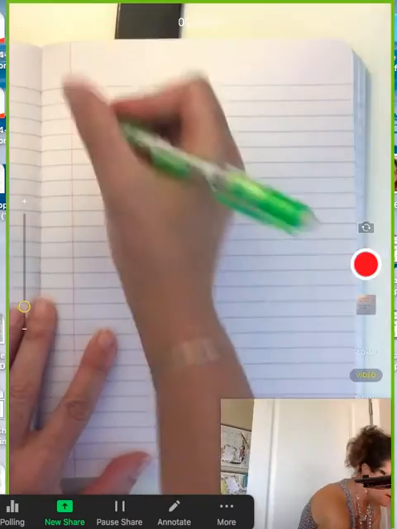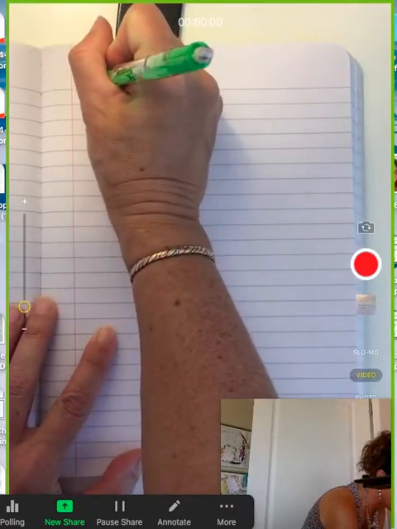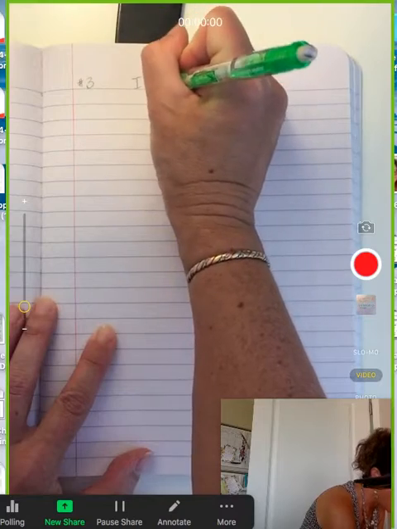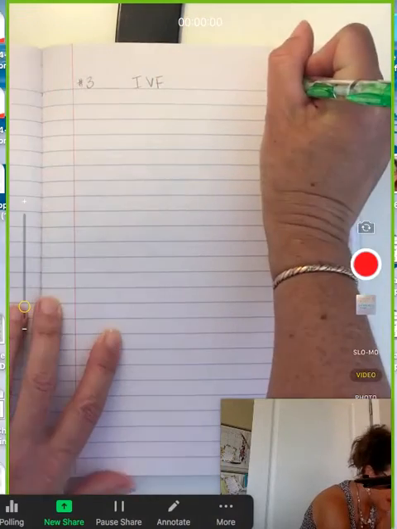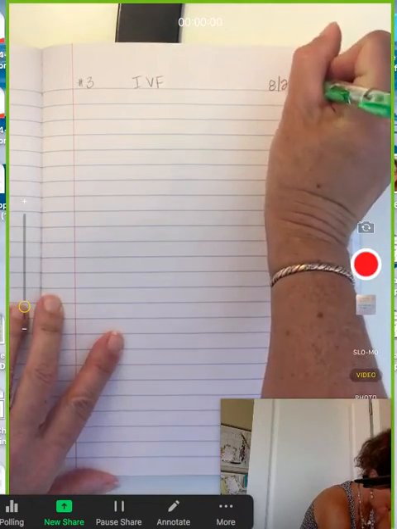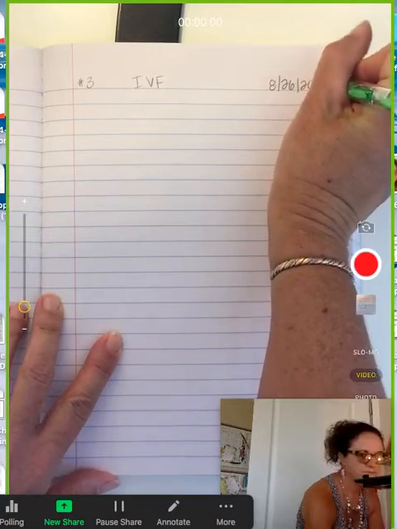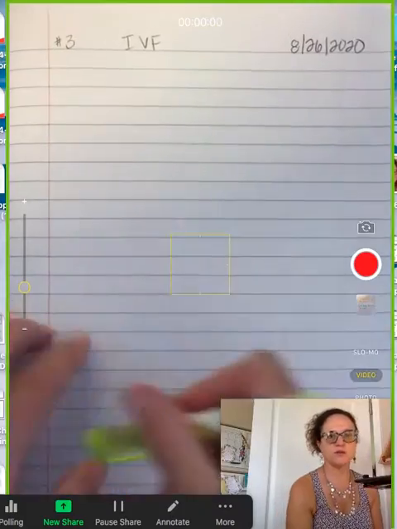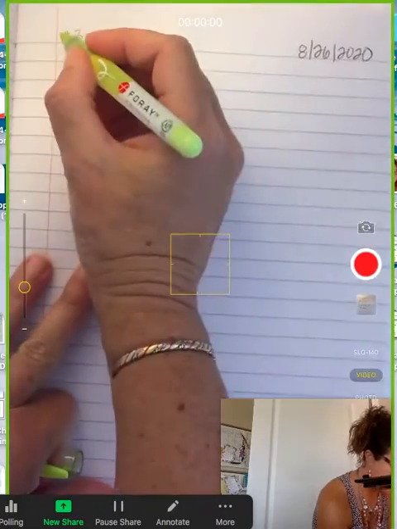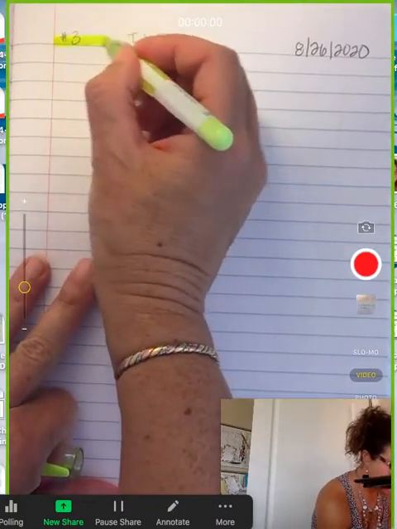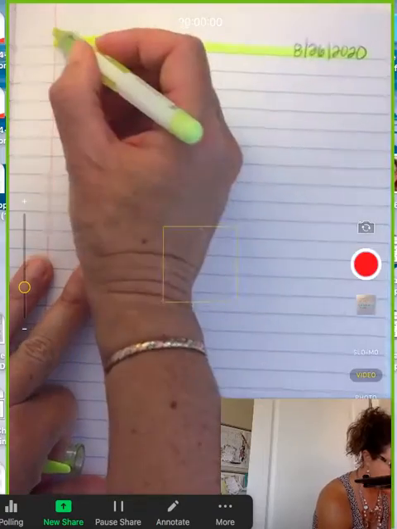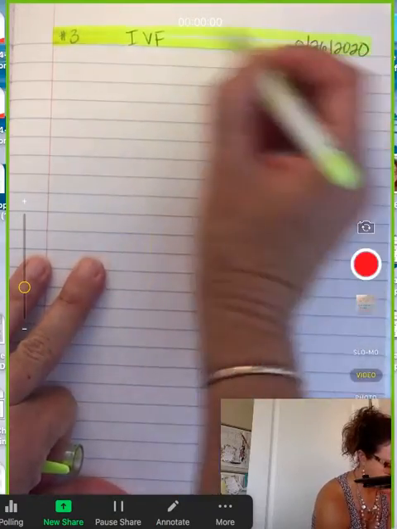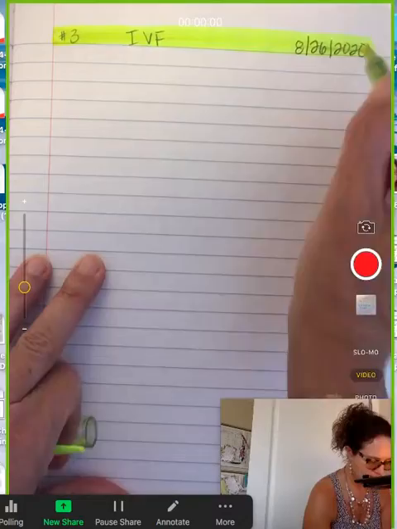So we're going to write number 3, IVF, and today's date. And I like to highlight the new entries in my notebook, even if it's on the notes side. Here we go.